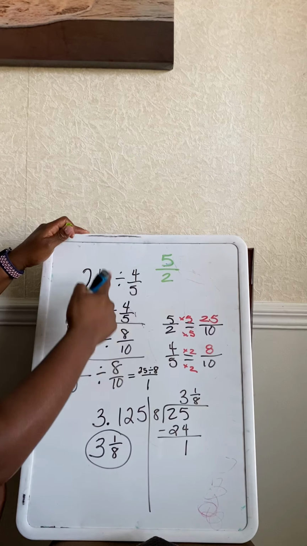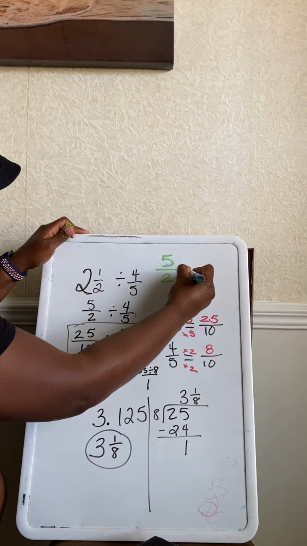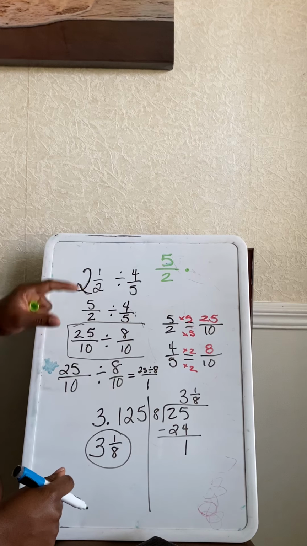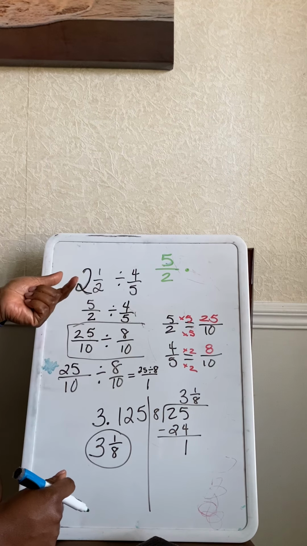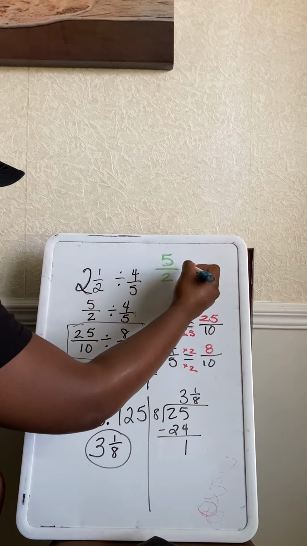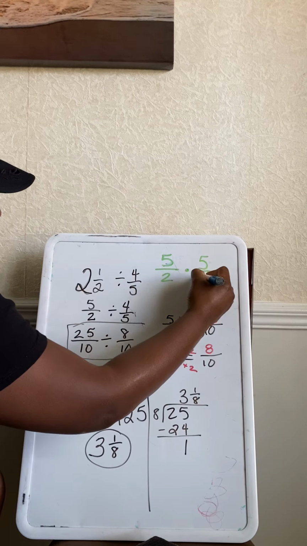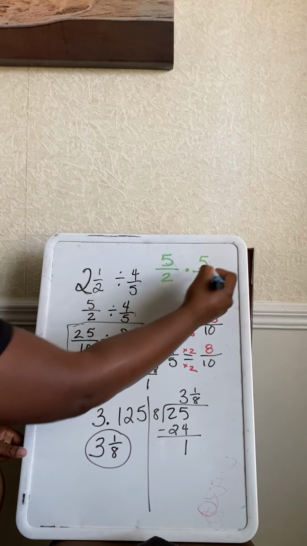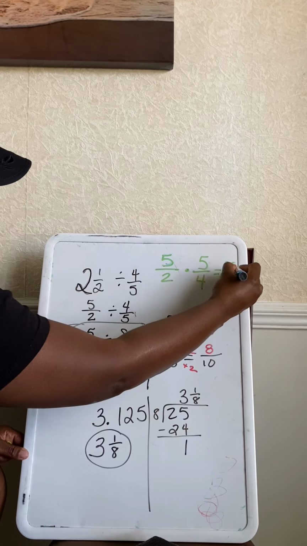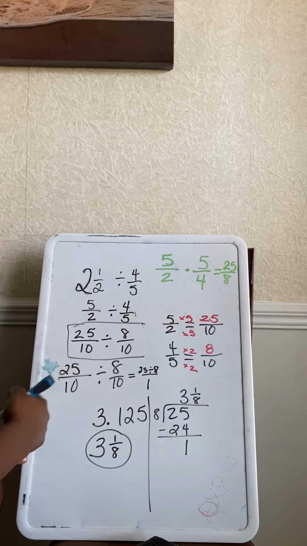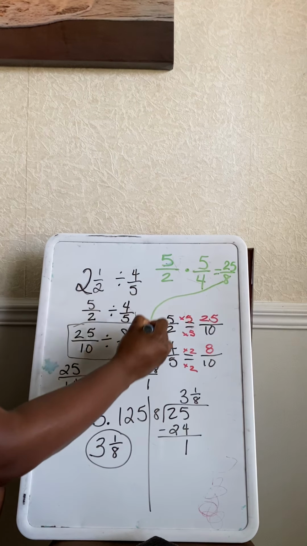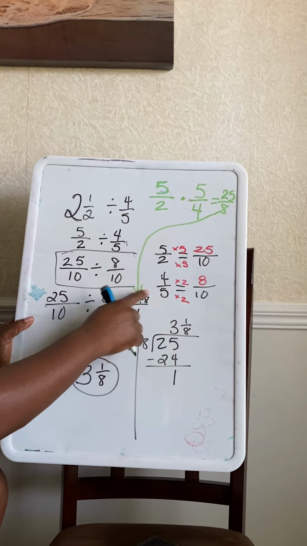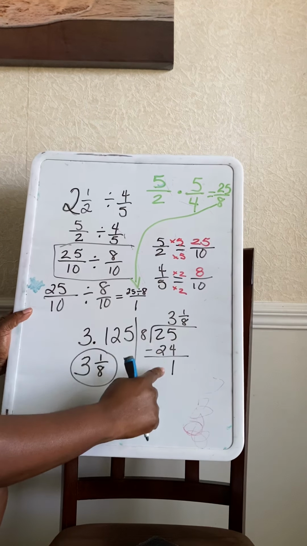And dividing by a fraction is the same as multiplying by its reciprocal. Reciprocal is we kind of think of it as the flip of, and you get 5 over 4. And so when you look at that, you end up with 25 divided by 8. Well, didn't we get 25 divided by 8 right here? And so we end up getting the same thing, and then we have to go through this process.